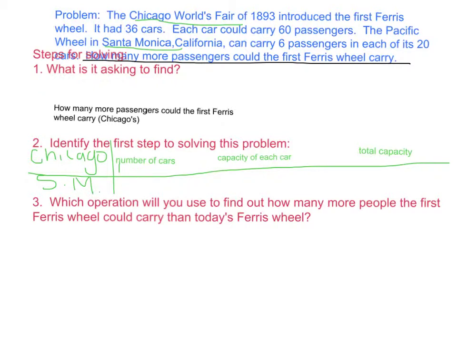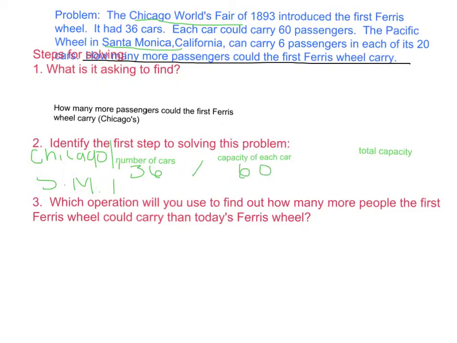Oops, let me erase this really quick. Too much going on. Okay, here we go. All right, Chicago's number of cars is 36.